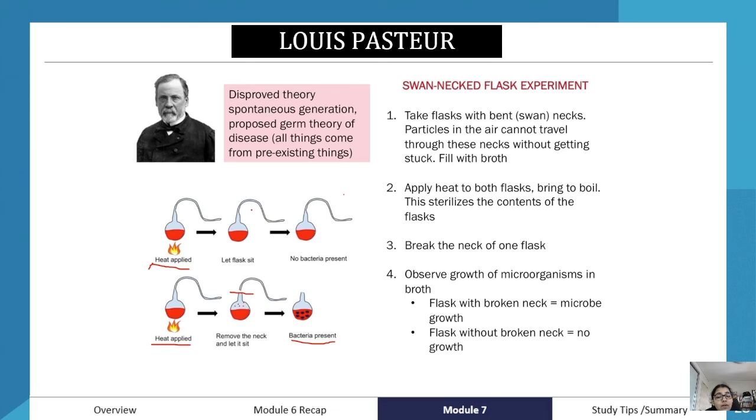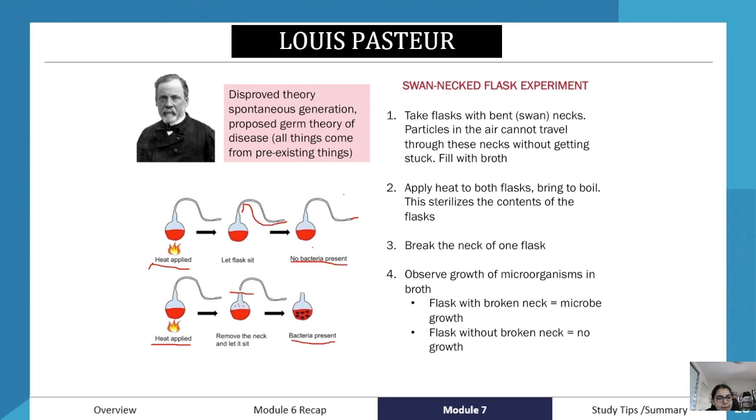However, if I let the flask sit and I'm not removing the neck, because of this passageway into the flask, you would see that there's no bacteria present, because bacteria cannot come in through here, travel upwards and go down here. It gets stuck here on the side. So as a result, there's no bacteria present.